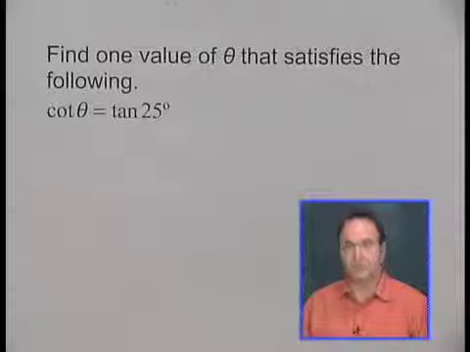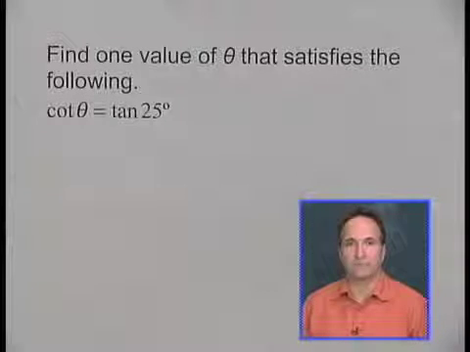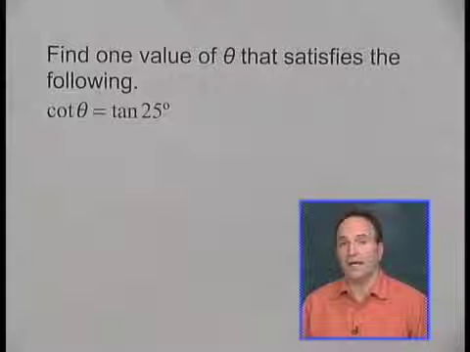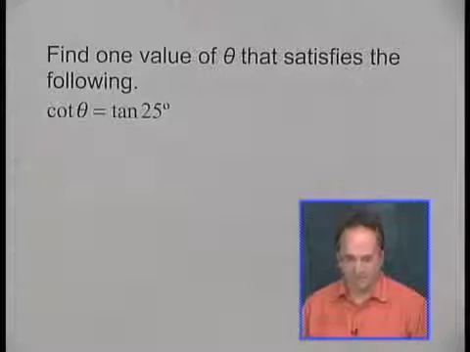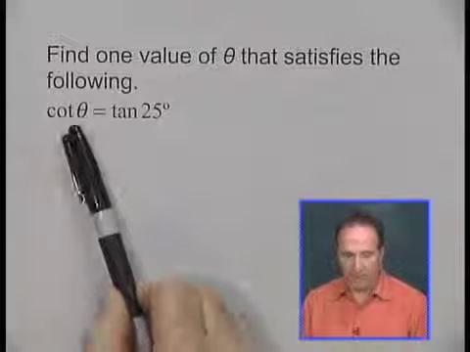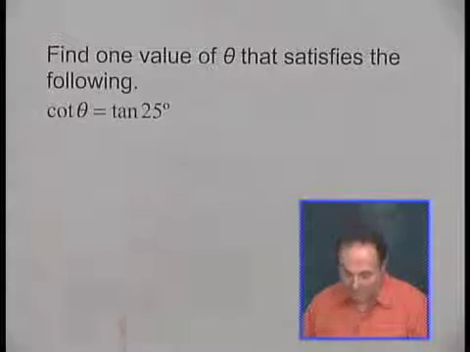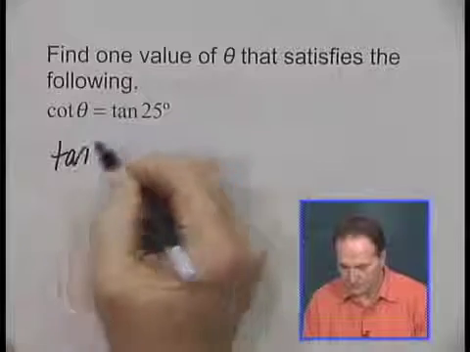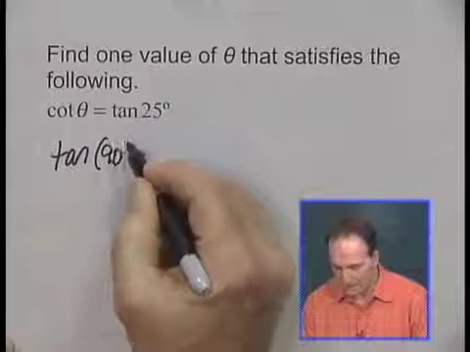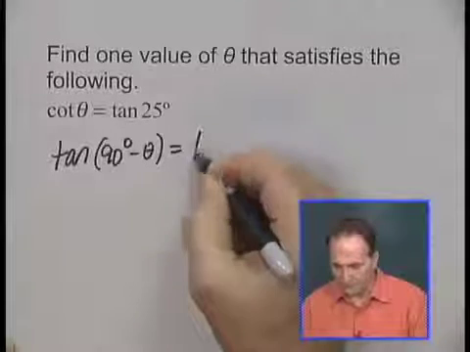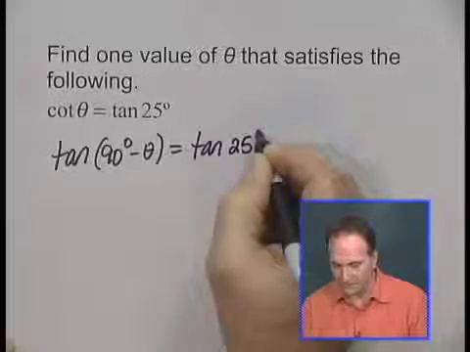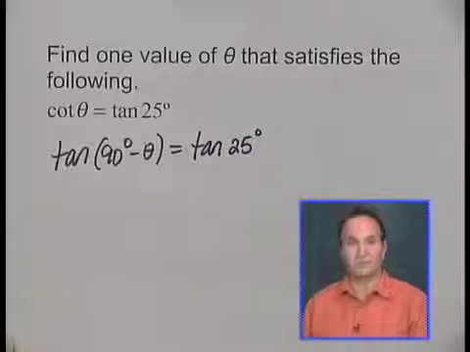Cotangent theta is equal to tangent of 25 degrees. Now, since tangent and cotangent are cofunctions, we can rewrite the left-hand side as the tangent of 90 degrees minus theta. And of course, leave the right-hand side as is, so that's equal to tangent of 25.